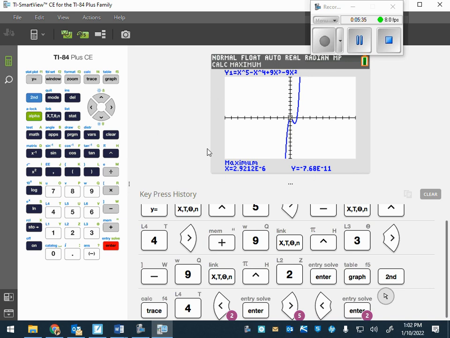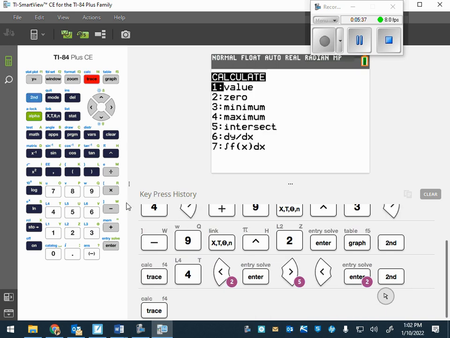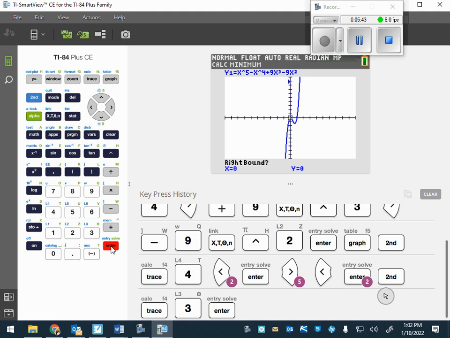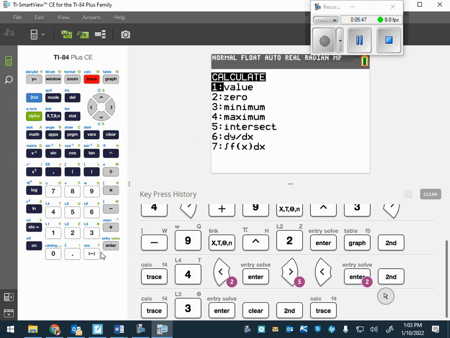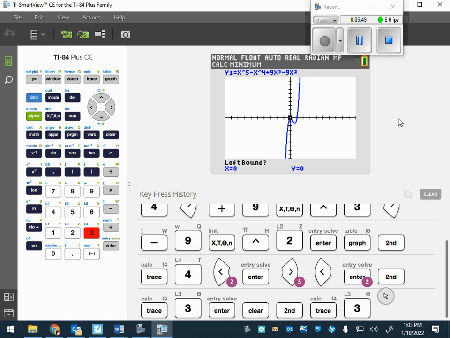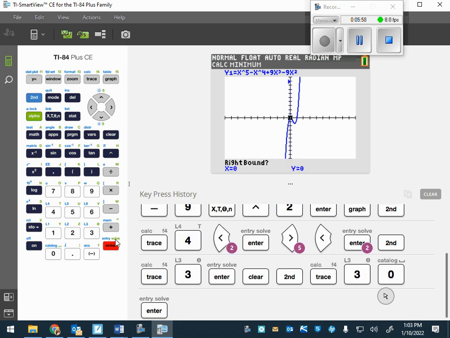So now we're going to do second trace. We're going to find the minimum, which is number 3. Oops, let me try that again. Second trace, minimum, number 3. Where it says left bound, I'm going to show you with the x-intercepts. 0 is to the left of that minimum. I'm going to hit enter, and then 1 is to the right.